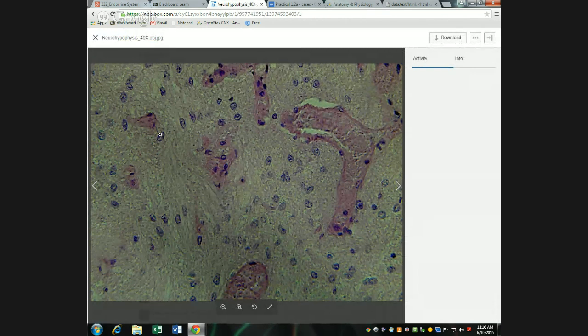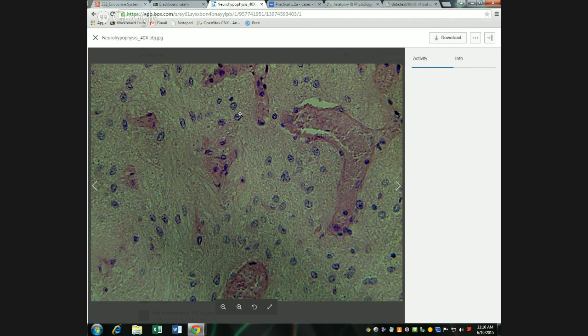And here we can see very similar looking nuclei, but they're not surrounded by the same kind of dark cytoplasm. Now, if there is any real cytoplasm around these cells, it's very light, which means that these cells aren't making a lot of proteins. More likely, these cells really don't have a lot of cytoplasm.